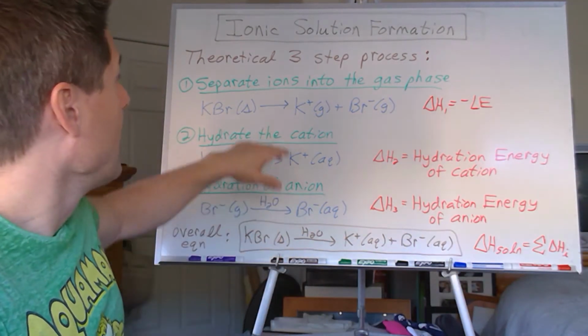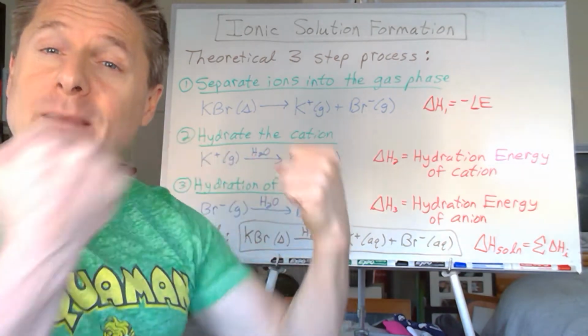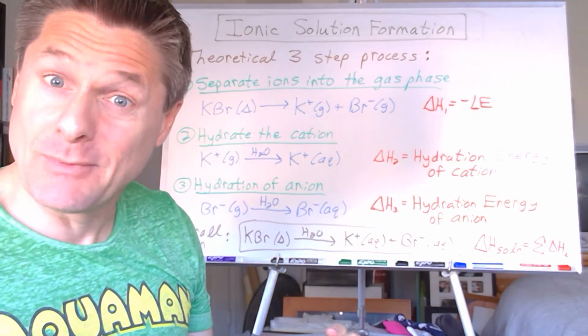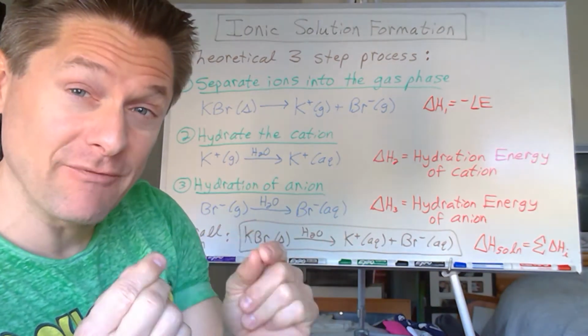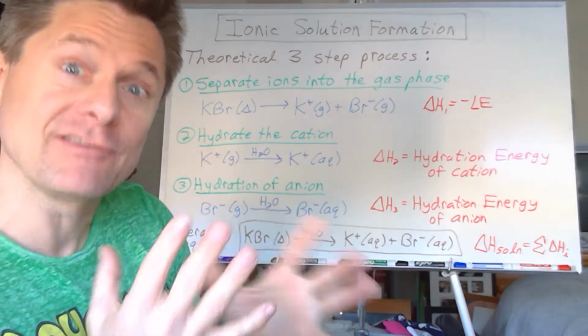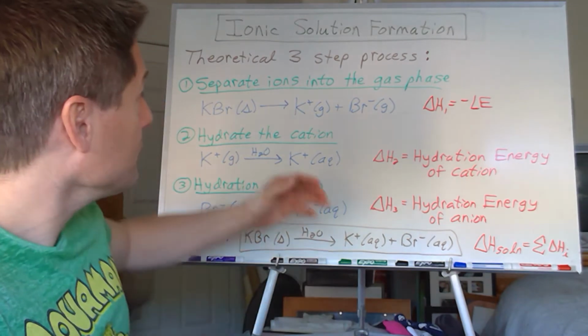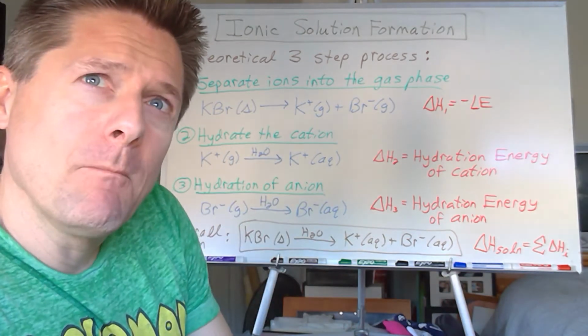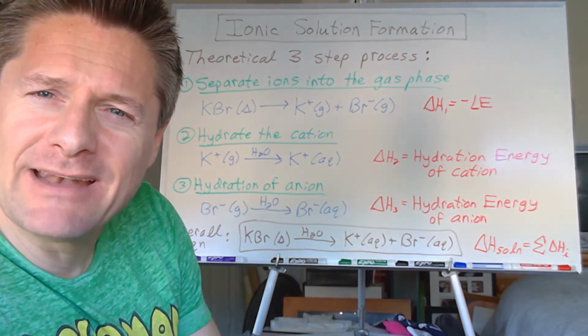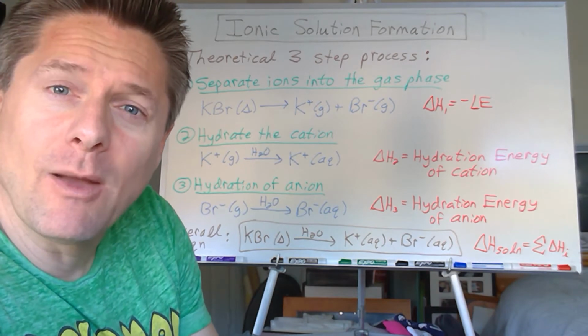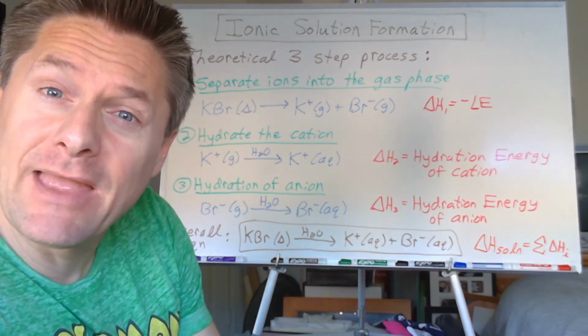Dissolving it in water. First, remember, we got to separate those ions. Now, what's different is that we've got two different ions, the cation and anion, so it doesn't quite fall in that beautiful generic scenario we did in the last video. Well, the only thing we've really talked about is from when we talked about solids and the lattice energy.